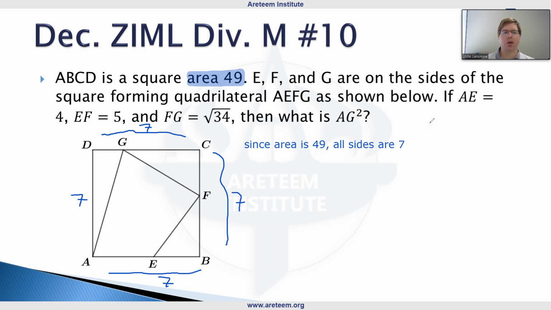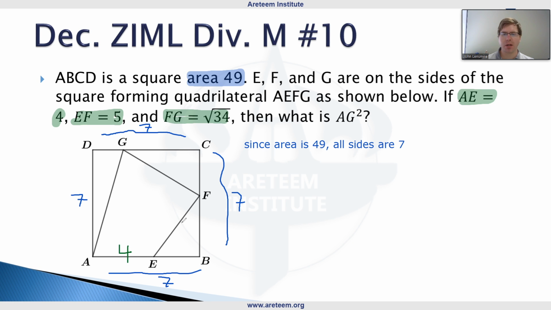Okay, so keep reading, right? We have this quadrilateral. We know that AE is 4. So that is our next piece of information there. EF is 5, and FG is square root of 34. So that allows us to pretty quickly go through and start putting some stuff in.